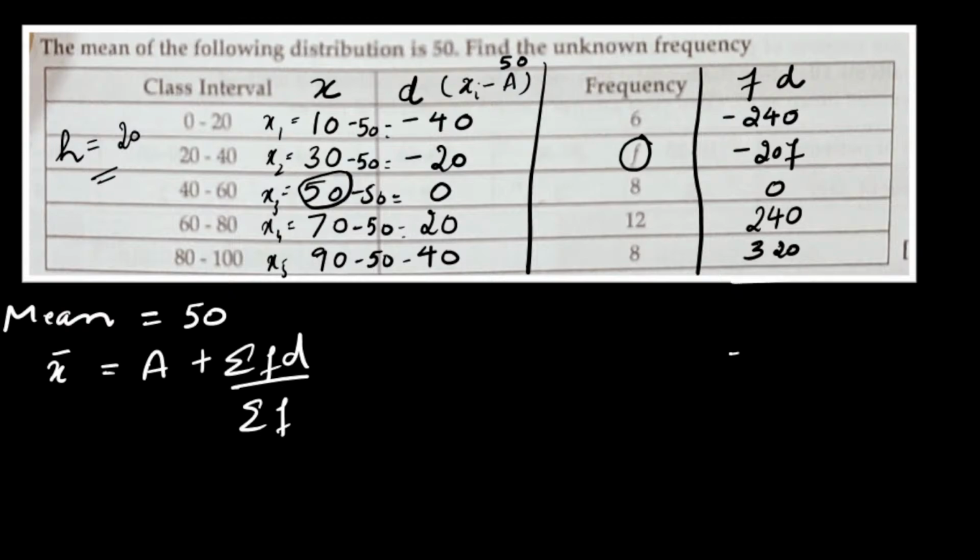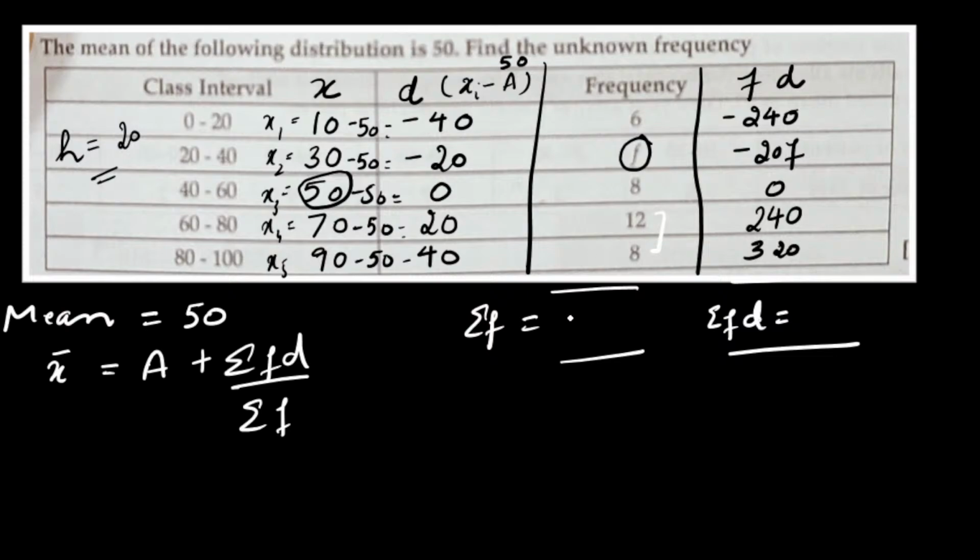So we have to find now the total of frequency, which is sigma f, and the total of all the terms of FD, so that is sigma FD. So what is the value? If you add all the numbers, 12 plus 8 is 20, 28, 34.